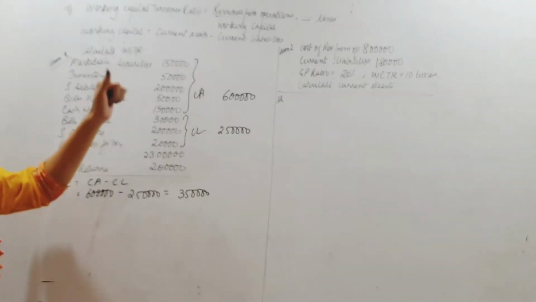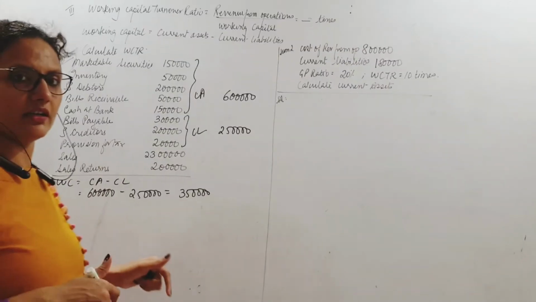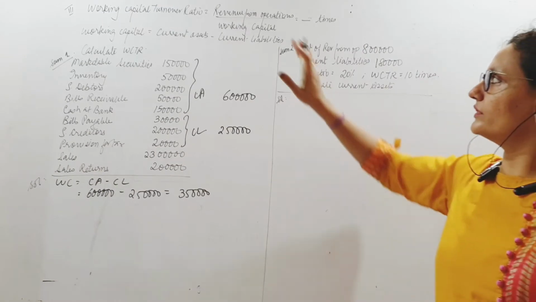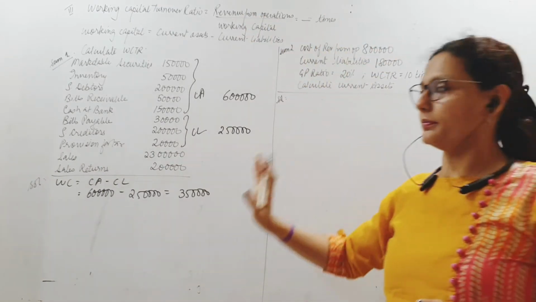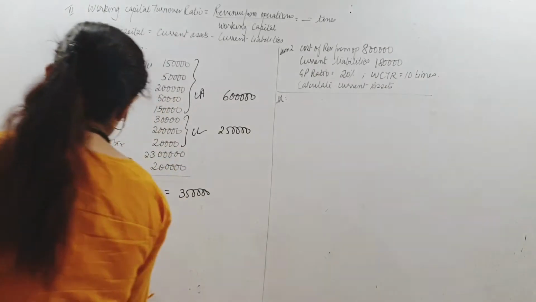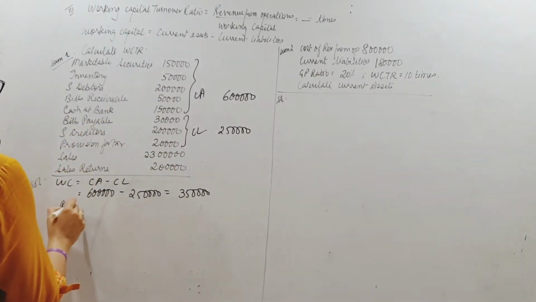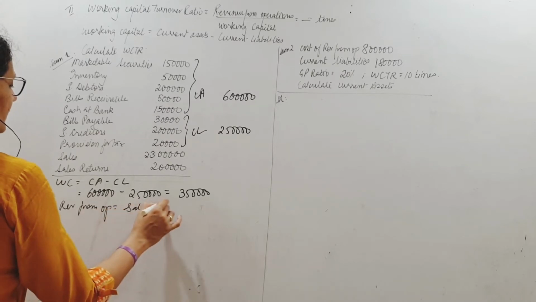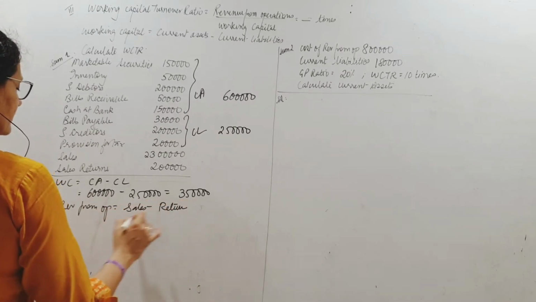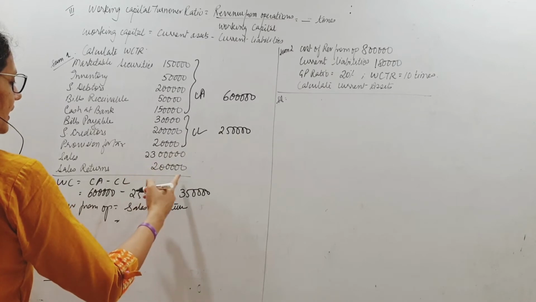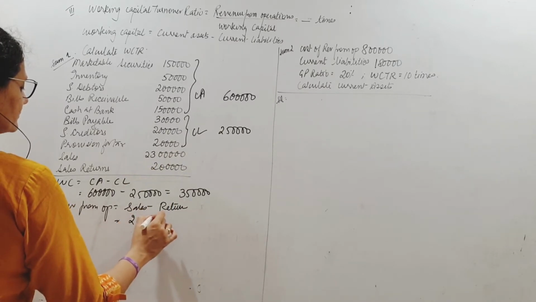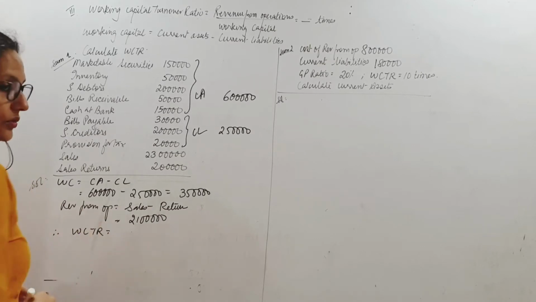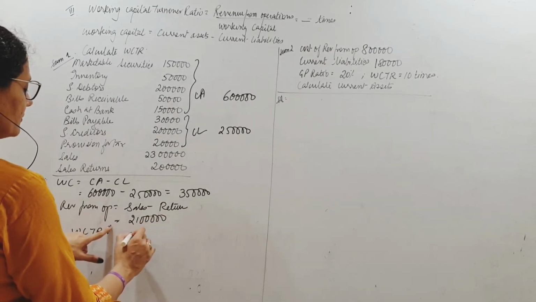Sales is revenue from operation less sales return inward, to get the net sales. Obviously, we will always take the net revenue from operation after deducting sales return. So revenue from operation is equal to sales minus sales return. So 23 lakhs minus 2 lakhs, so 21 lakhs. Therefore, working capital turnover ratio is equal to net revenue from operation.